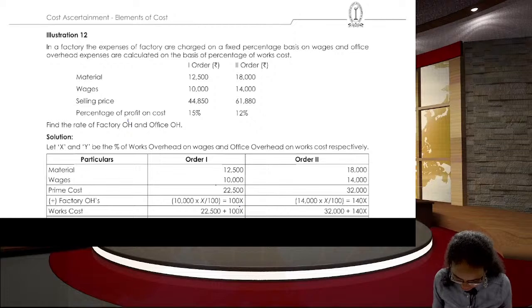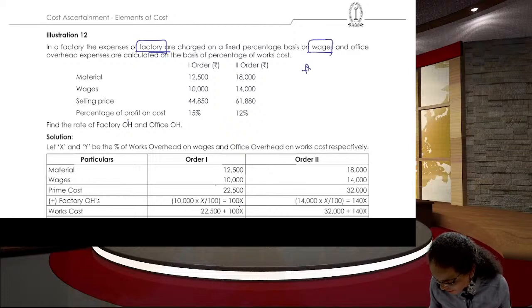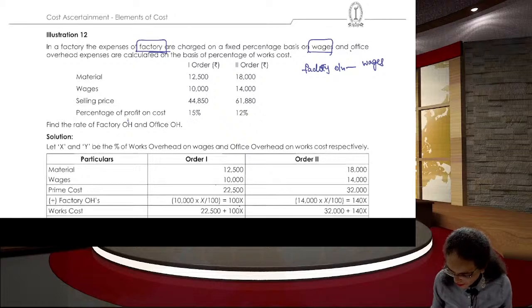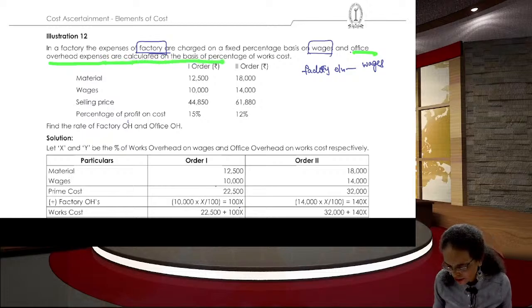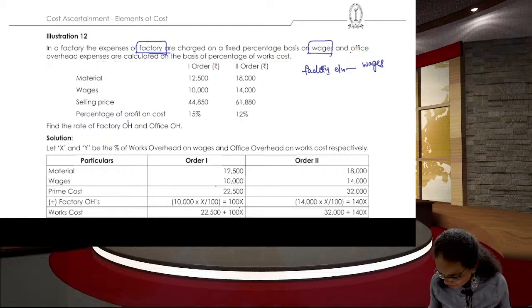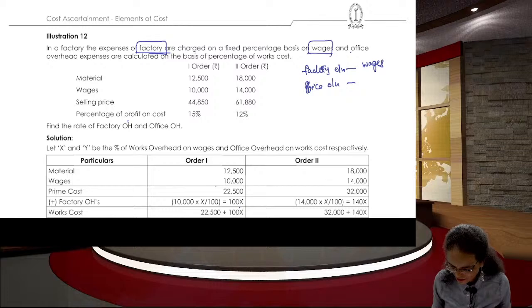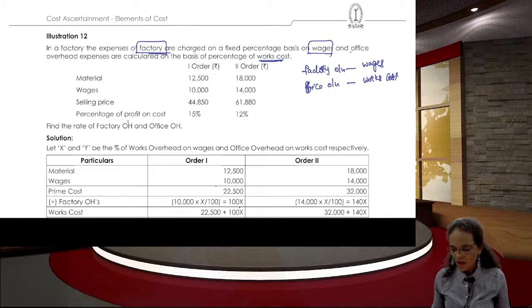I'll write here: factory overheads on the percentage of wages, and office overhead expenses, that is admin overhead expenses, are calculated on the basis of the percentage of works cost.